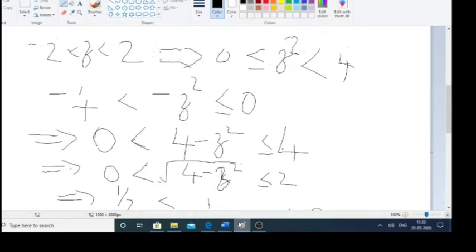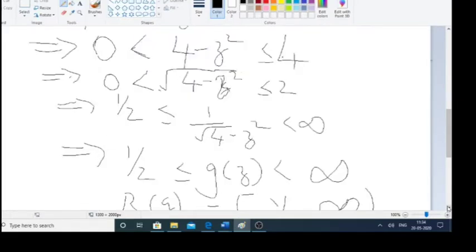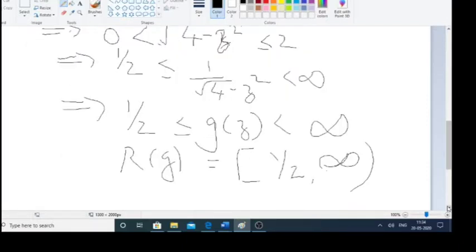Now we add 4: 0 less than 4 minus z square less than or equal to 4. Now we take the square root: 0 less than square root of 4 minus z square less than or equal to 2, and now we take the reciprocal: half less than or equal to 1 by square root of 4 minus z square less than infinity. That is half less than or equal to g of z less than infinity. That is, range of g is the closed interval half to infinity open.